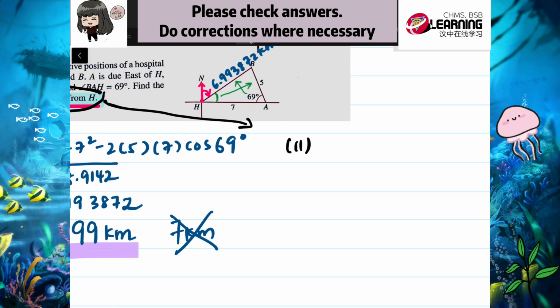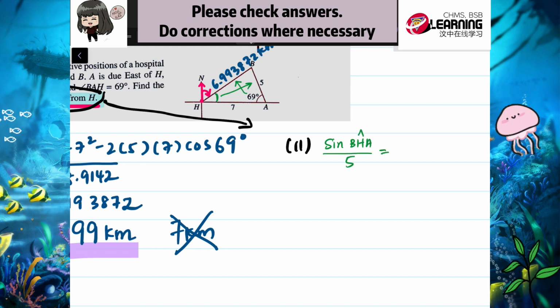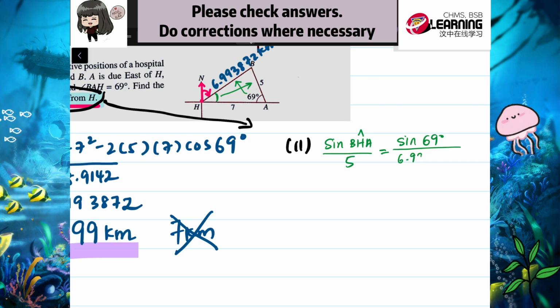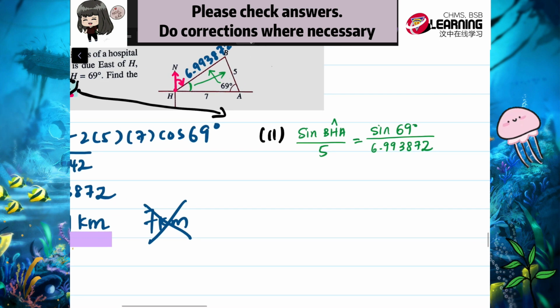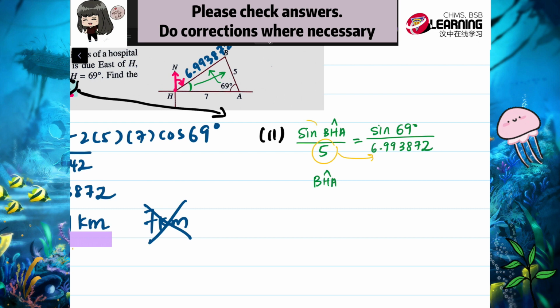So we use the sine rule. Sine BHA over 5, the opposite, equals sine 69 over 6.993872. So for your angle BHA, you move the 5 over, it becomes times, and you move the sine, it becomes inverse sine.